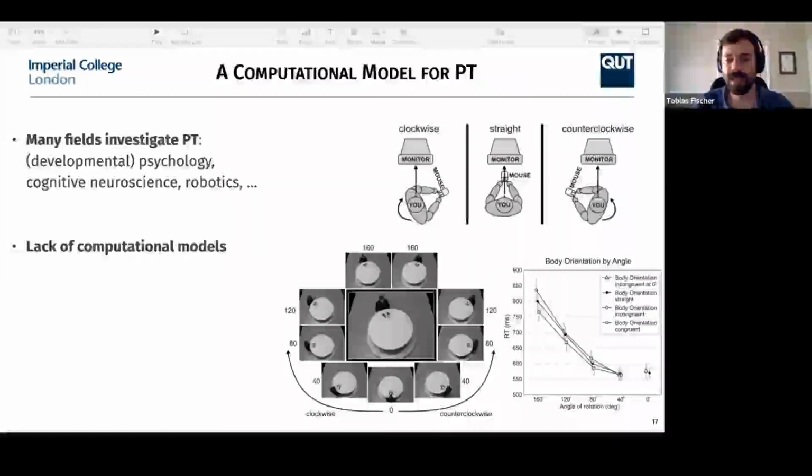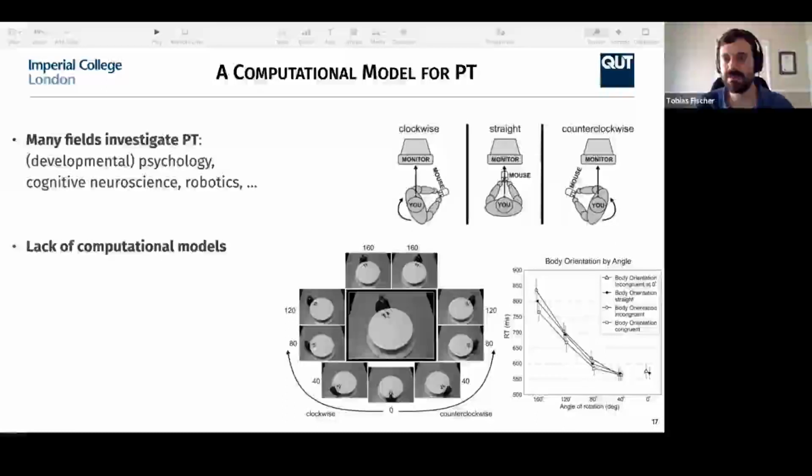And you see that it's becoming increasingly difficult. In the bottom right graph, at a 0 degree angle, you're really fast in doing that. And then the higher the angle of rotation, as in the bottom middle image, if you change the angular disparity clockwise or counterclockwise, it becomes increasingly difficult for you to do that. That's, I think, intuitive so far.